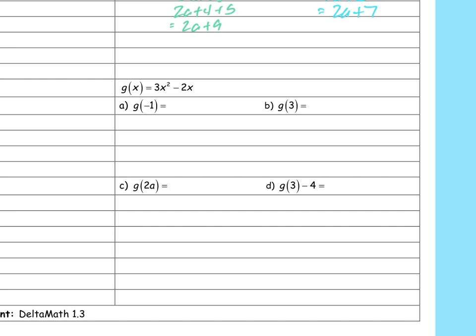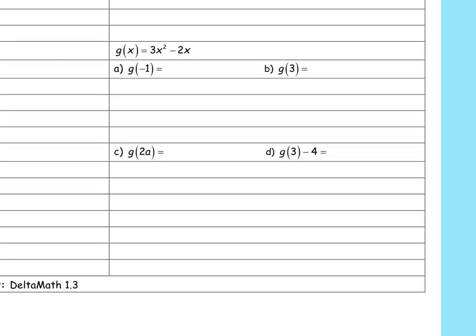Okay. So we're doing the same thing for this one. So I'm going to just go ahead and do this. You'll have to see if you got your answers right. 3 times negative 1 squared minus 2 times negative 1 equals 3 times positive 1 plus 2, which is 5.